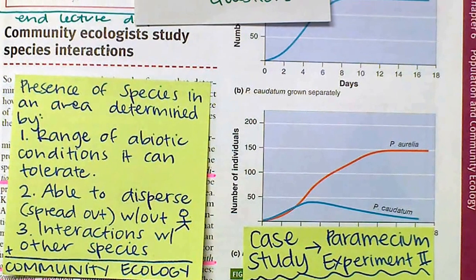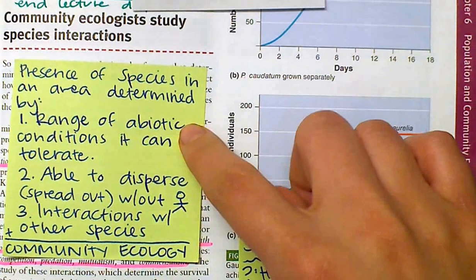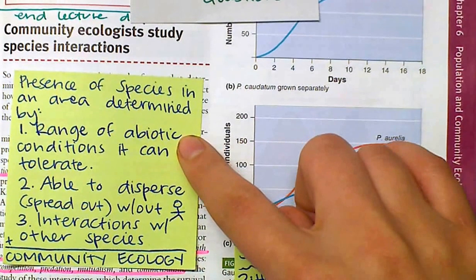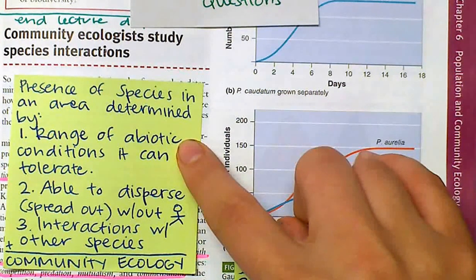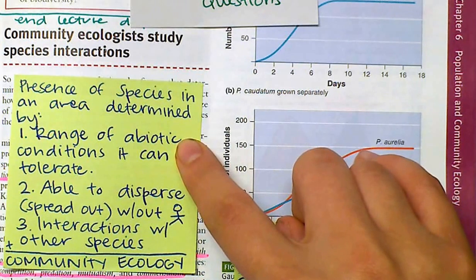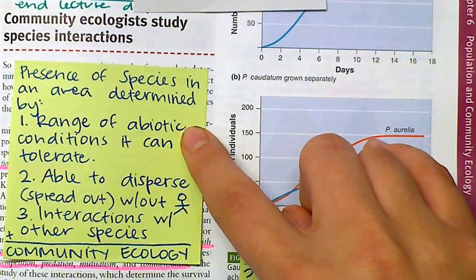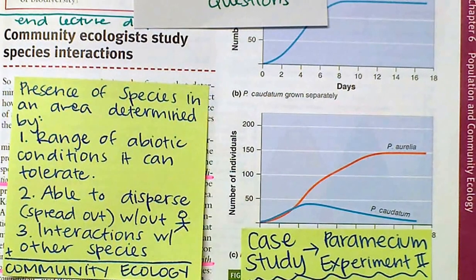First is the range of abiotic conditions it can tolerate. So some species can tolerate a large range of conditions like temperature or salinity if you're a fish, or pH and things like that. We talked about niches, and that's where the niches come in.